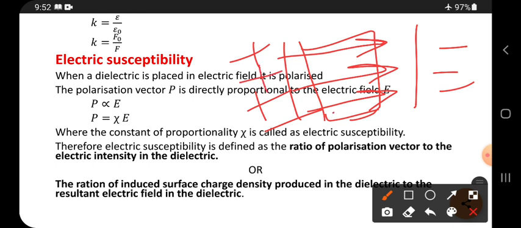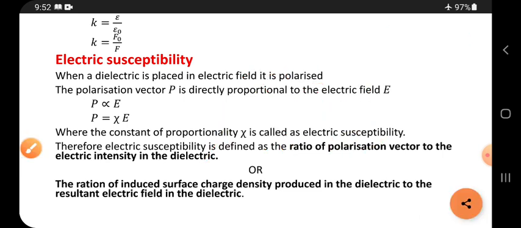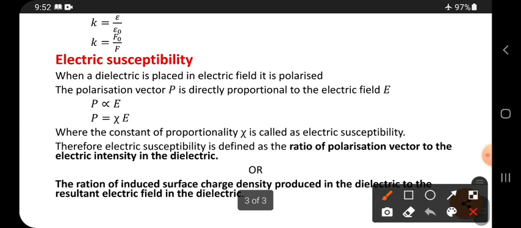If the electric field is high, that means if you keep more charges, the substance may be polarized more. So as the electric field increases, polarization also increases. So what is the relation between them? A direct proportionality relation. When the electric field is high, polarization is also high.